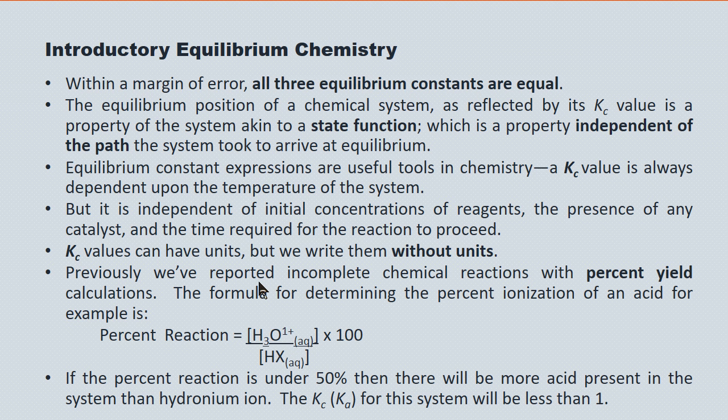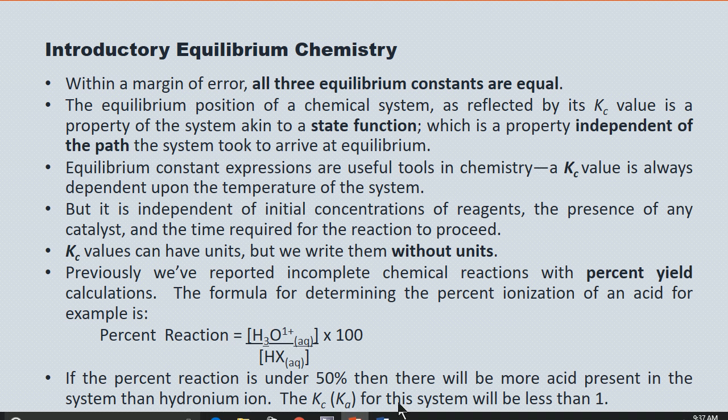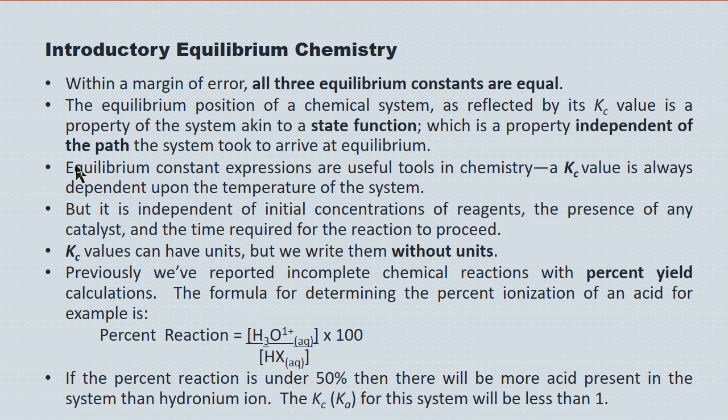So if the percent reaction was under 50%, then if we look at the fraction, the amount of hydronium in the numerator has to be less than the initial concentration of the acid.